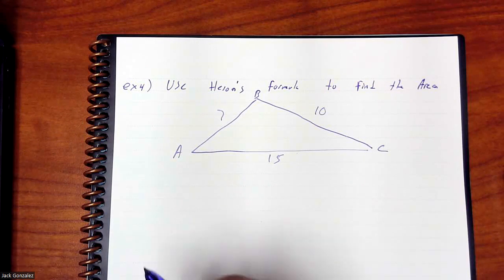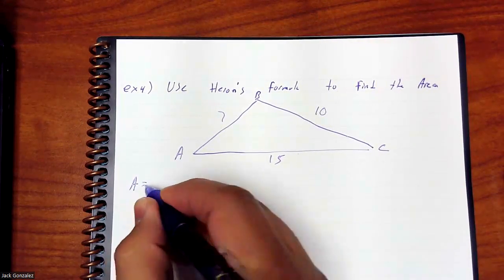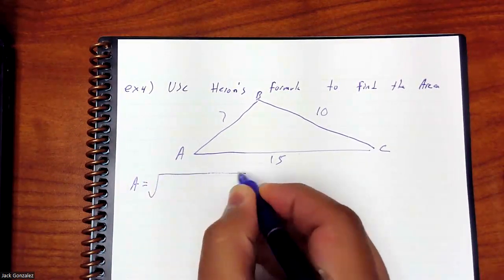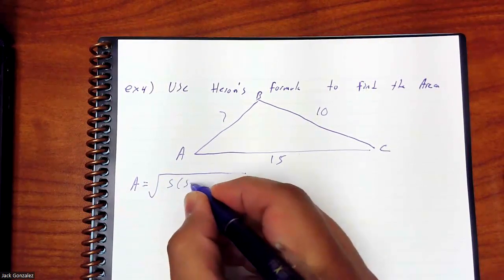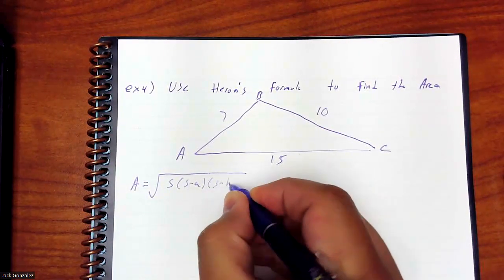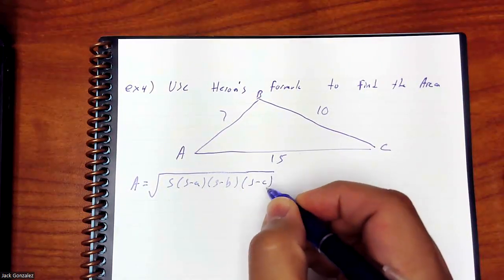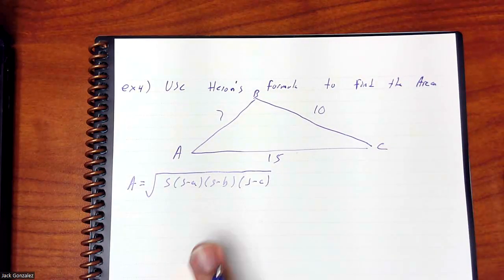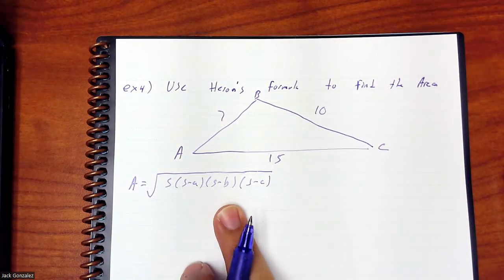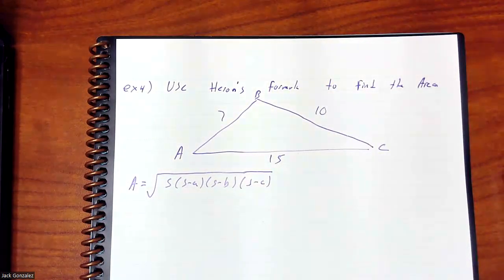So area, we said the formula is equal to the square root of s times s minus a times s minus b times s minus c. There's a couple other area formulas, but I like this one. It's just straight up. You just have to find the sides. If they're not given, find them.